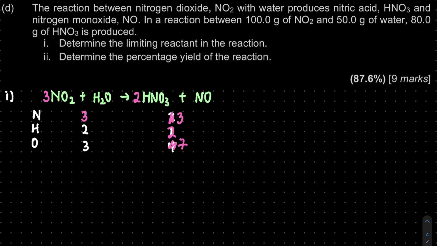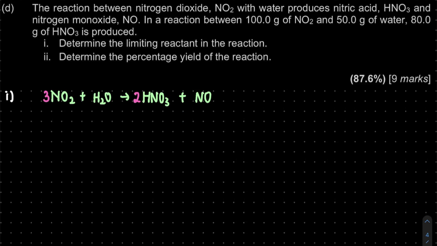Now my hydrogen is still 2, and my oxygen is 3 times 2, 6, plus 1, so it becomes 7. Now the equation is balanced, where nitrogen on both sides is 3, hydrogen is 2, and oxygen is 7. So this is the equation itself.